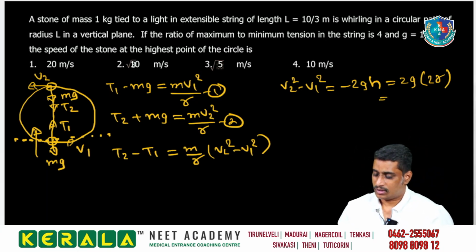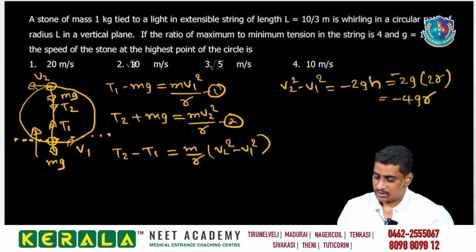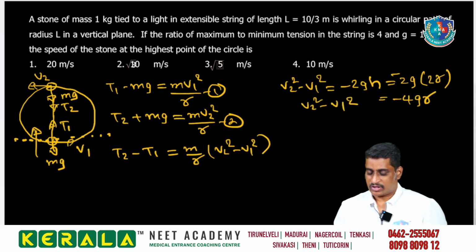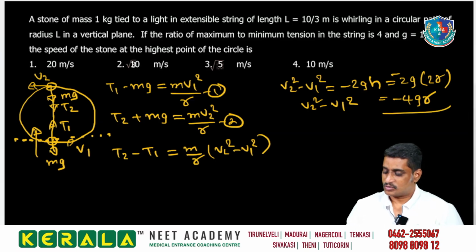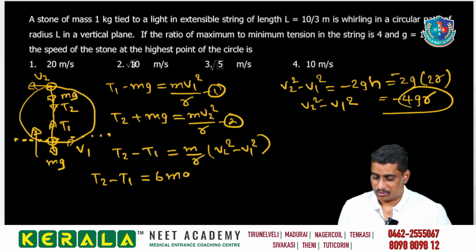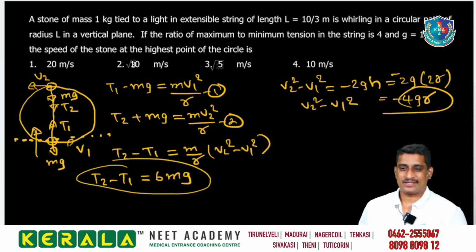So this will be minus 4gr. This is the v2 square minus v1 square equation. By substituting this value in the previous equation, T2 minus T1 will come out to be 6 mg. It is one of the very important equations which must be practiced.